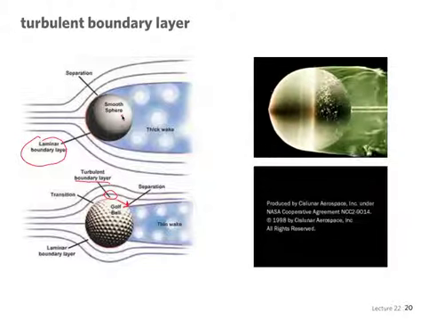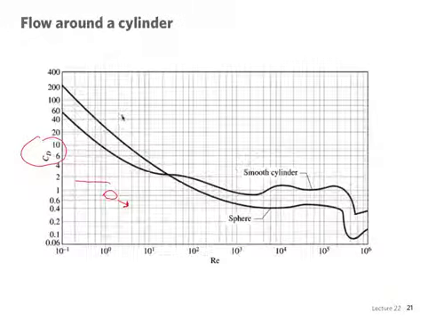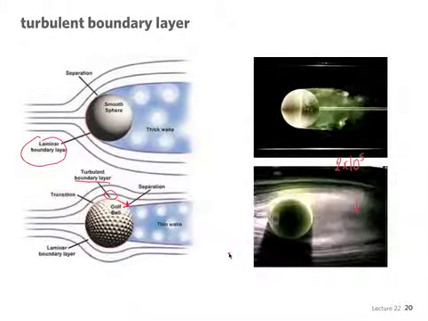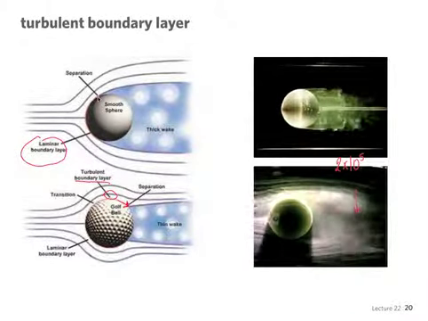So where does this happen? For example, if we go back to this point, it happens at a certain Reynolds number of around, what is it, 2 times 10 to the 5 for the sphere. If you look at this, there's a point of separation here, the boundary layer.